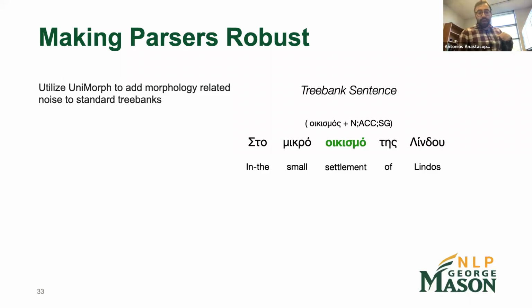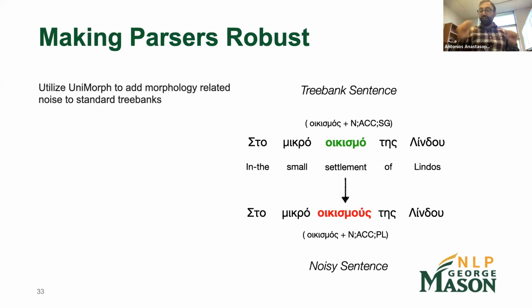Okay. So what we did is we used Unimorph to get examples of different inflections of the same lemma, and then given a treebank, if we found a word that we also got a match on in Unimorph, then we substituted it with a different inflection of the same lemma. So in this example, we took the Greek word ikismo that you see in Greek, which actually agrees with everything that it should agree with, and then we substituted it with its plural version, which now does not agree with the determiner and the adjective like it should.